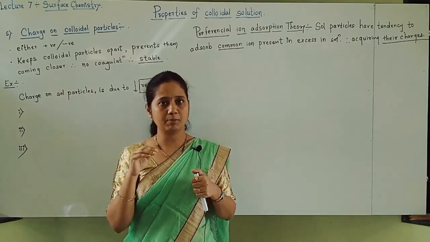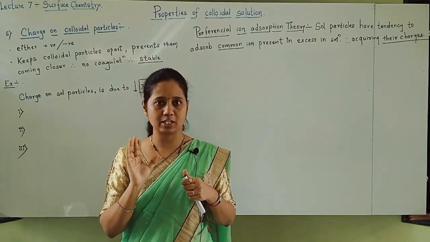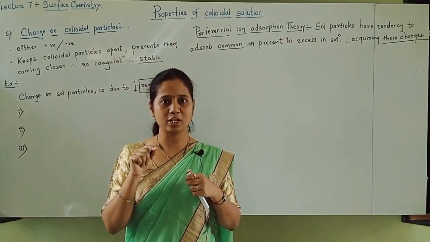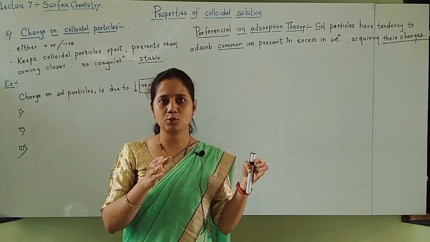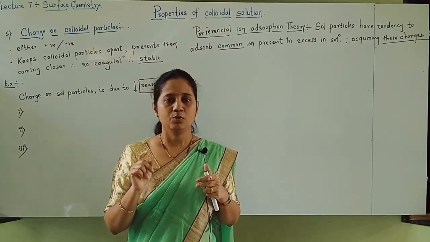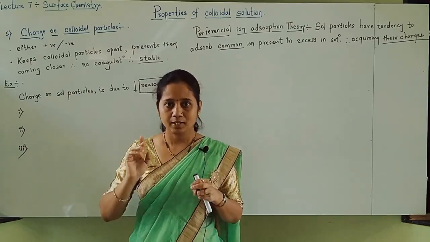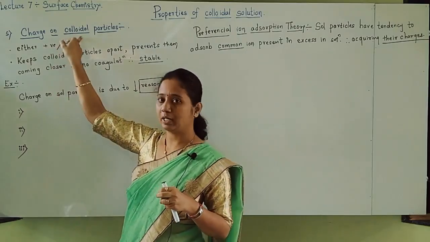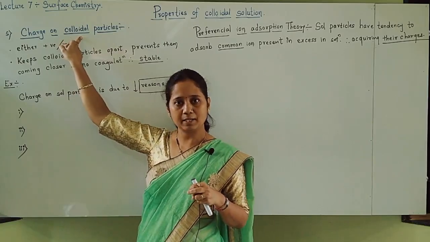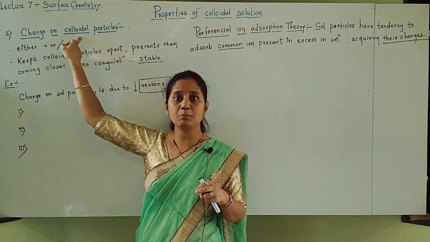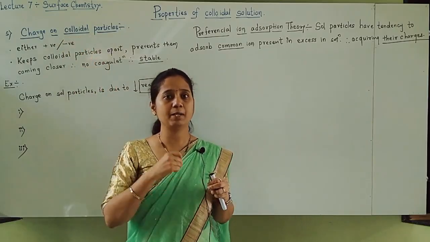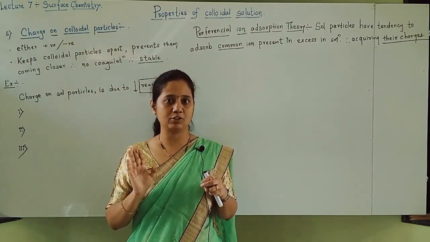Either all particles will be positively charged or negatively charged, and based on that charge, it will be a positive sol or negative sol. So all colloidal particles have the same charge. Remember that one thing. The property is charge on colloidal particles.